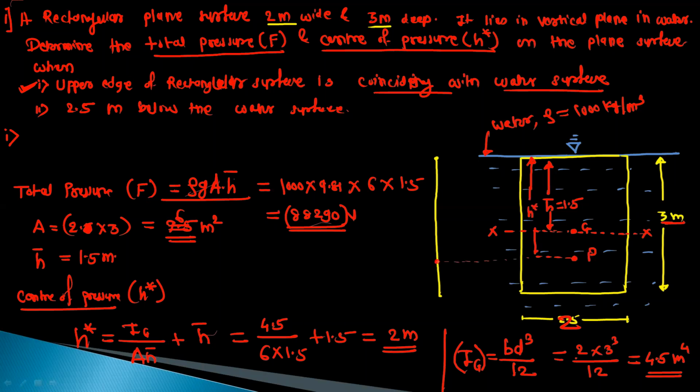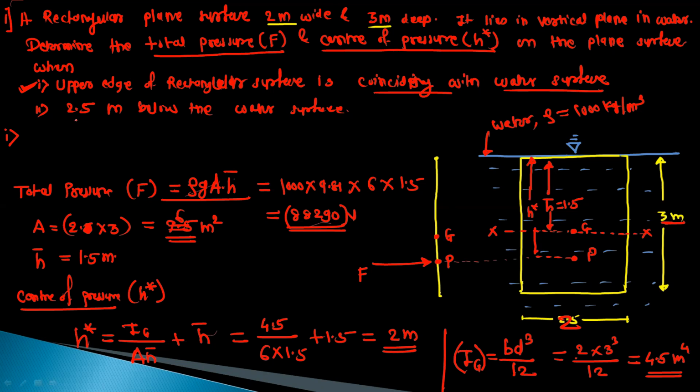You can see here in the side view, the total pressure will be like this. This is your F value. This is the center of gravity. This is the center of pressure. Okay. So this is the first case.